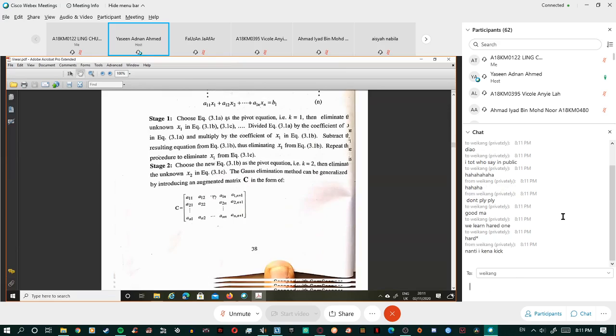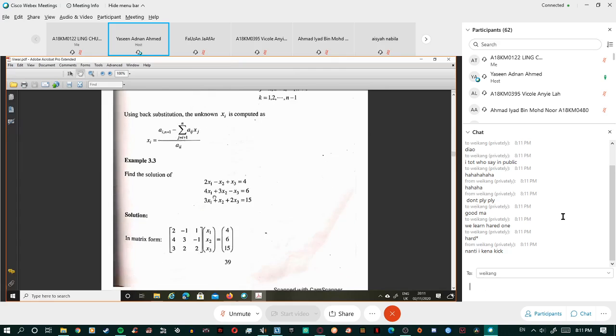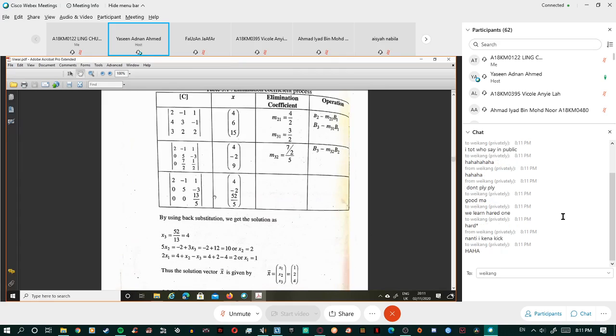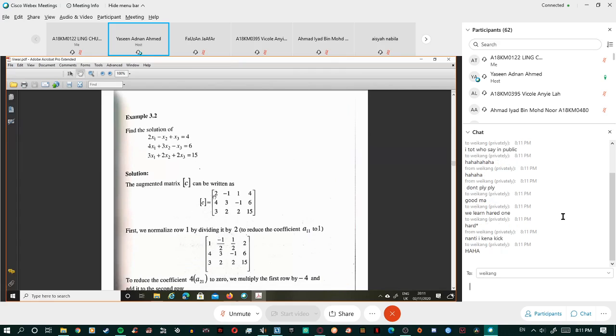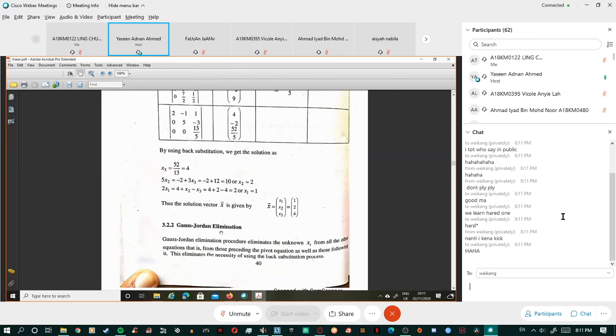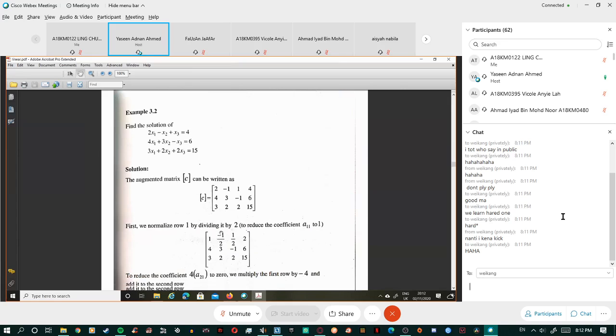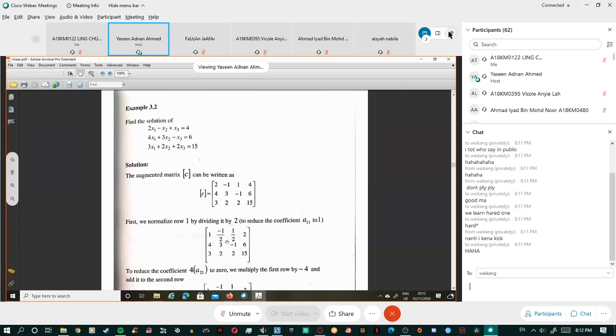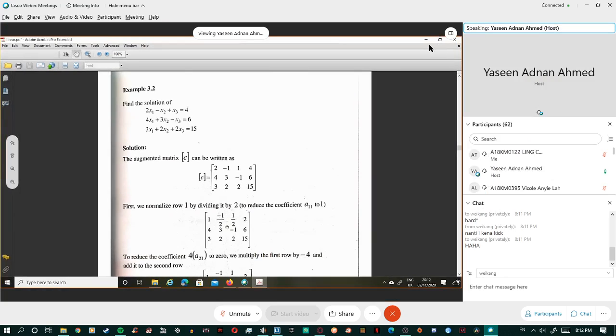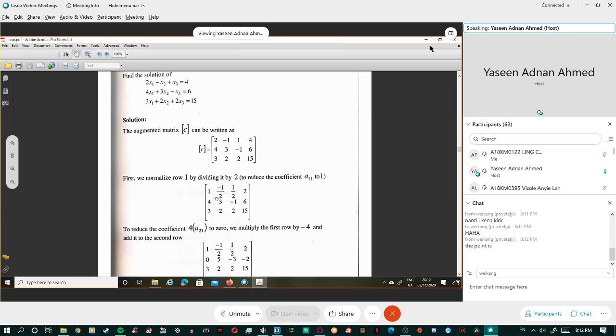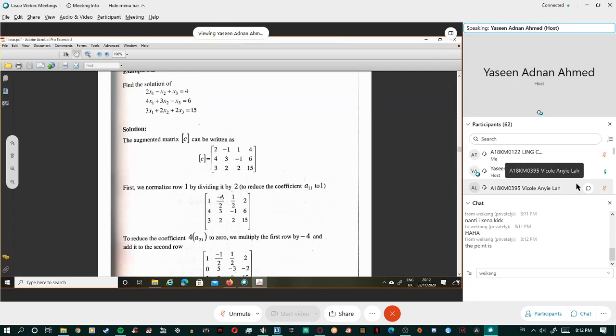Okay, so now we will solve one problem, so we will do all together. Okay, don't worry. And next thing is we have the Gauss-Jordan elimination. Gauss-Jordan elimination is where we try to make the coefficient matrix a diagonal matrix. So we will have only diagonal terms 1, 1, 1. All the other elements should be 0. And in this case, normally when we consider the Gauss-Jordan elimination, we try to write the augmented matrix.